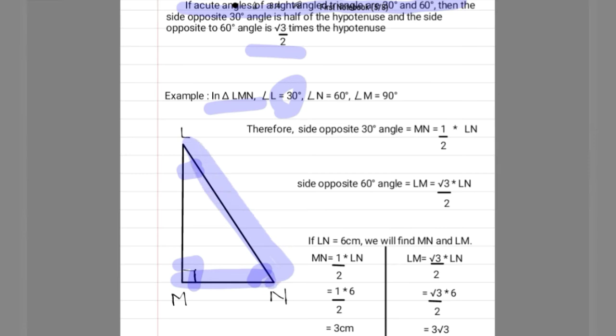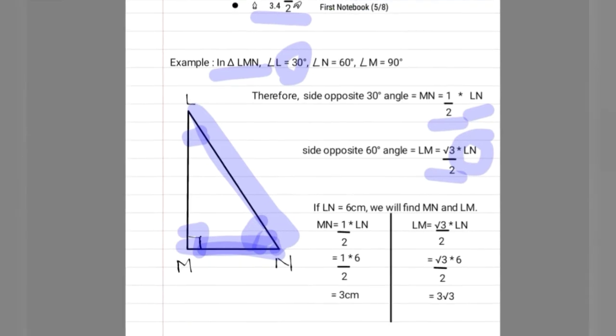That is, MN is equal to half of LN, where LN is the hypotenuse. And the side opposite to 60 degrees, that is angle N, is LM, which is equal to √3/2 times the hypotenuse. So this is what they have given.